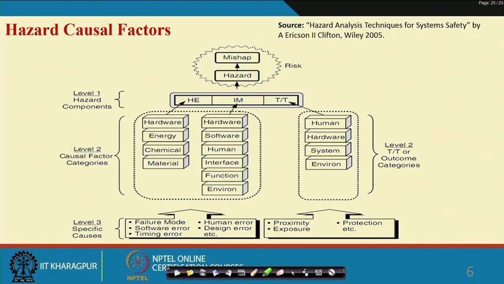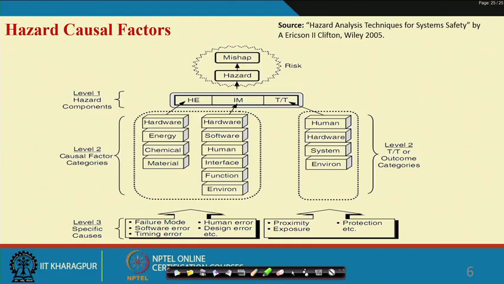Causal factors are the factors which, alone or in combination, ultimately result in the transition from hazards to accidents. So when an accident takes place, you immediately investigate and find out the immediate causes. These are related to your physical process, equipment, environment, the human, their interface, and material.